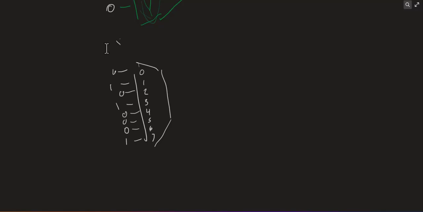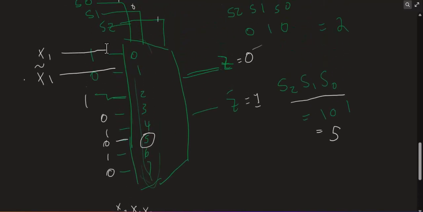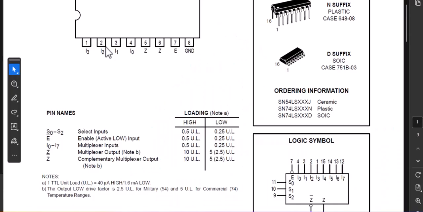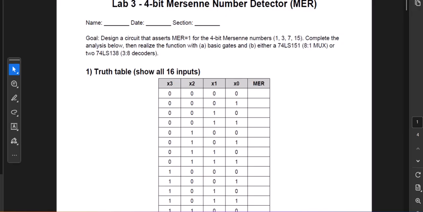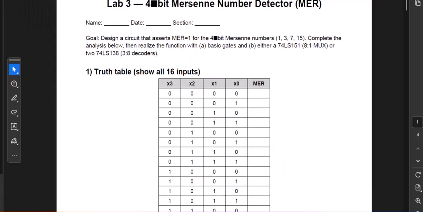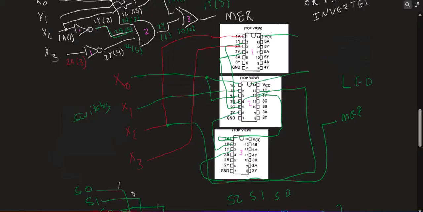And we could just have our inputs x2, x1, x0 if we only had 3 bits, but we don't, we have 4 bits. So we can't do that. So we have to figure out something else. And I think the directions say we can only use one multiplexer. It says to use one multiplexer, and other chips as needed.